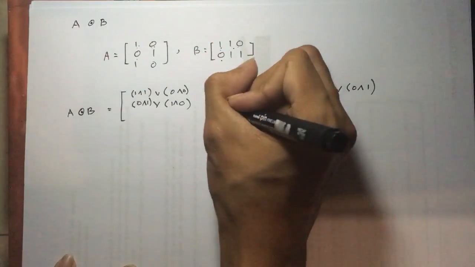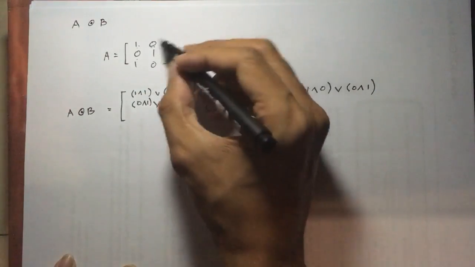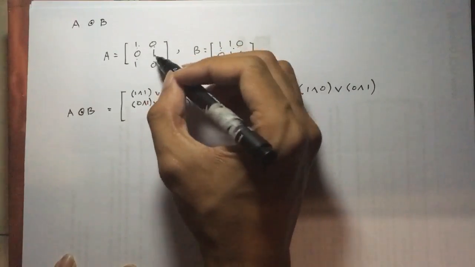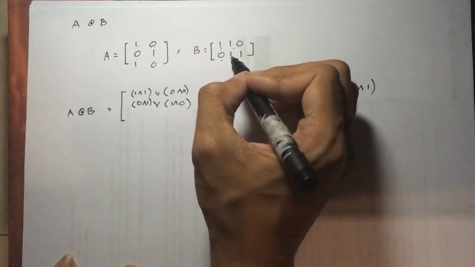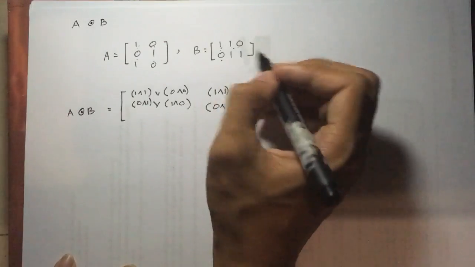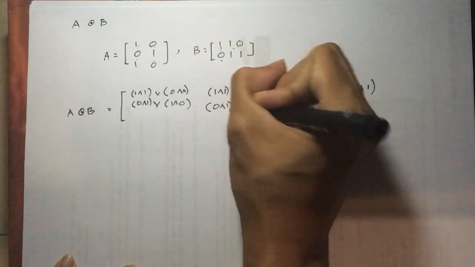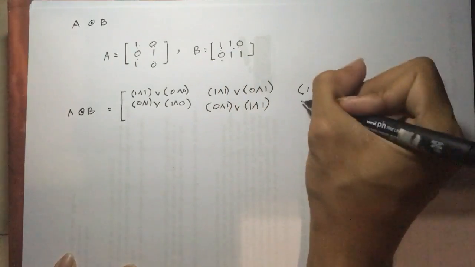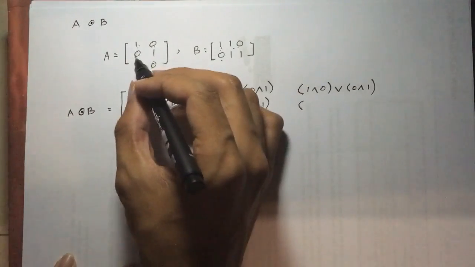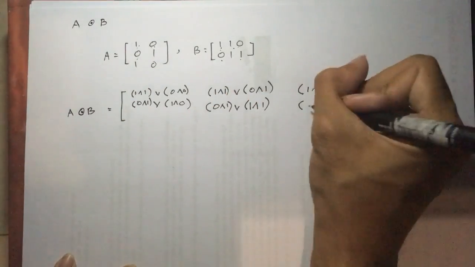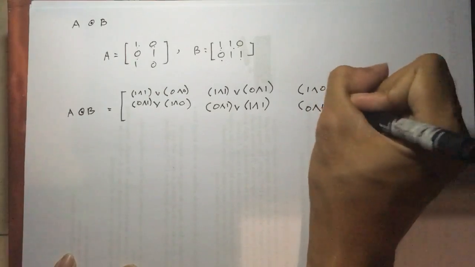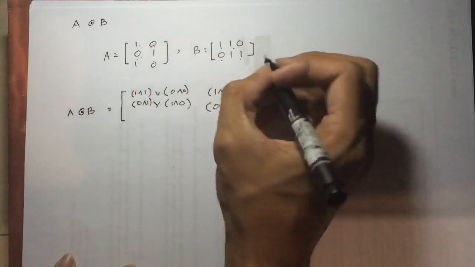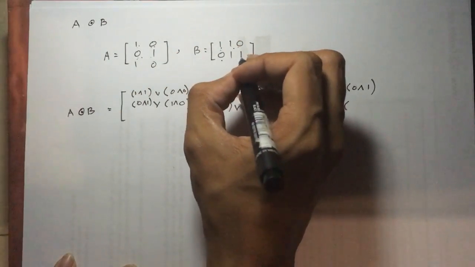Next is 0 and 1 or 1 and 1, 0 and 1 or 0, 1 and 1.